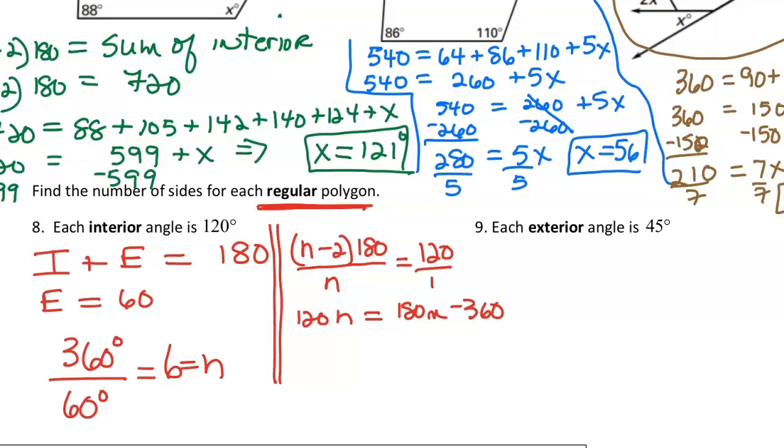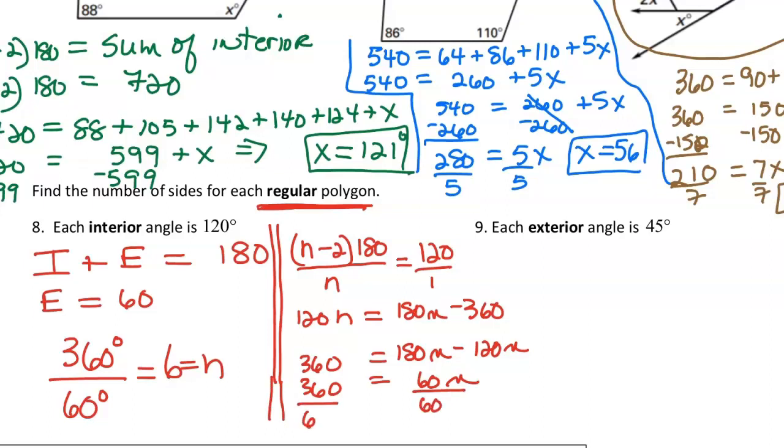I'm going to add 360 to each side, and I'm going to subtract 120n from each side. Okay, that's going to give me 60n equals 360. And I need to know what n is. Divide by 60, divide by 60, and n equals 6.